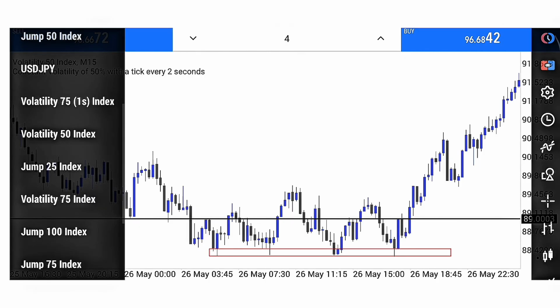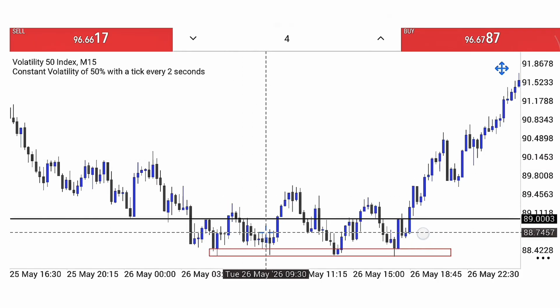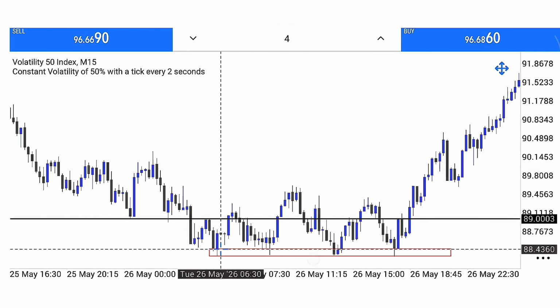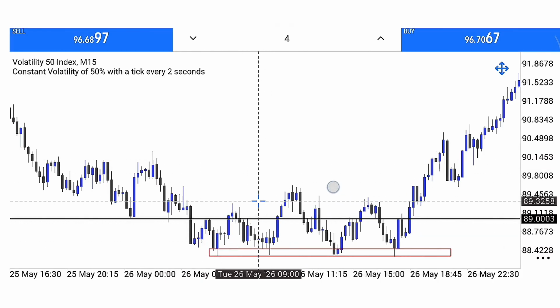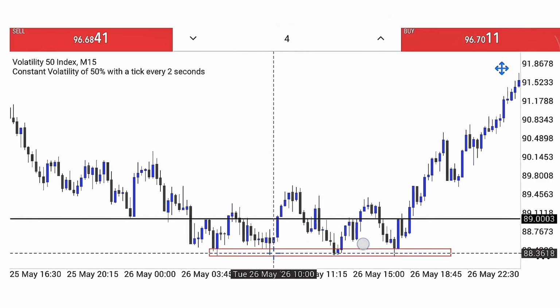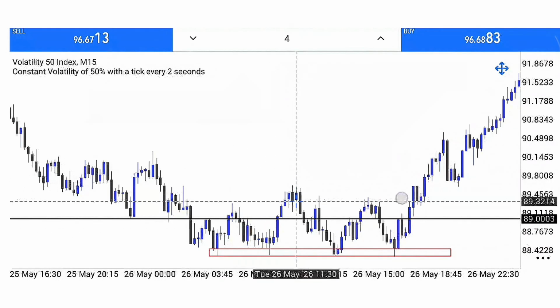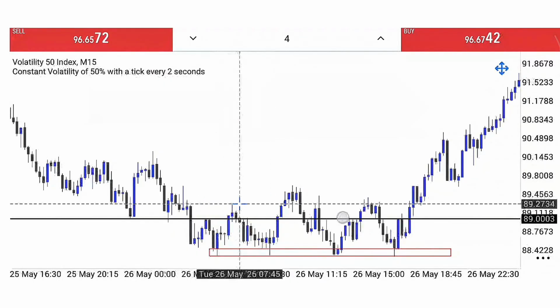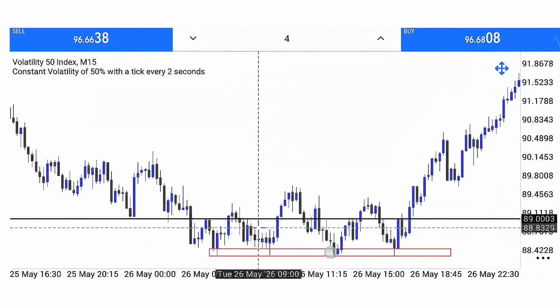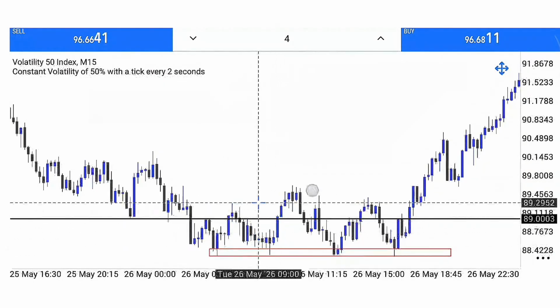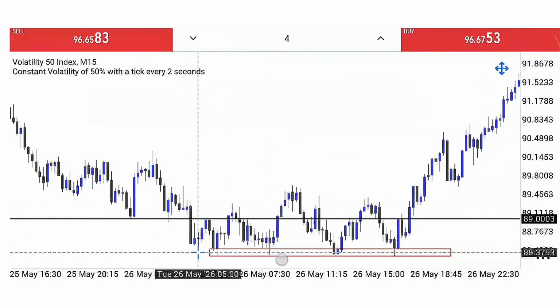So the reason why I took this setup serious is because here I got this lower wick, but instead of the market starting to come down to this point and give me an entry, it started moving up again. If the market gave me an entry at this point, I will not take this trade because this setup is very small.